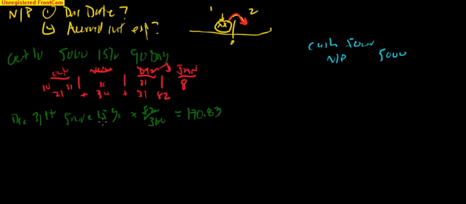So therefore, we need to record an entry. That's the interest expense for this period right here. So we need to record an entry that looks like this. Debit interest expense for $170.83. Credit interest payable for $170.83. Notice we've got the expense recorded and the payable that we're going to carry over to the next year.